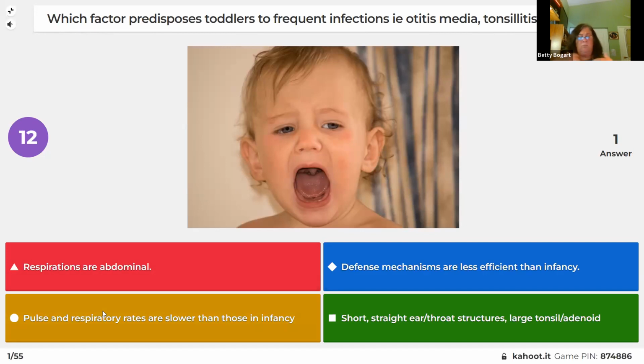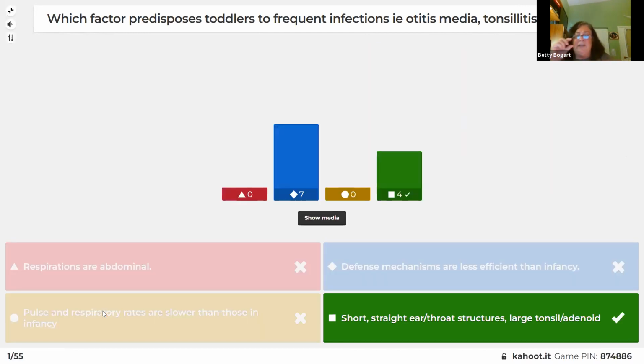And again, it does build up their immune system, getting prepared before they get into kindergarten, which is important. But they have short, straight eustachian tubes. They've got huge adenoids and tonsils in there, and it holds the mucus there. And that is why you will see them in frequent infections, okay?